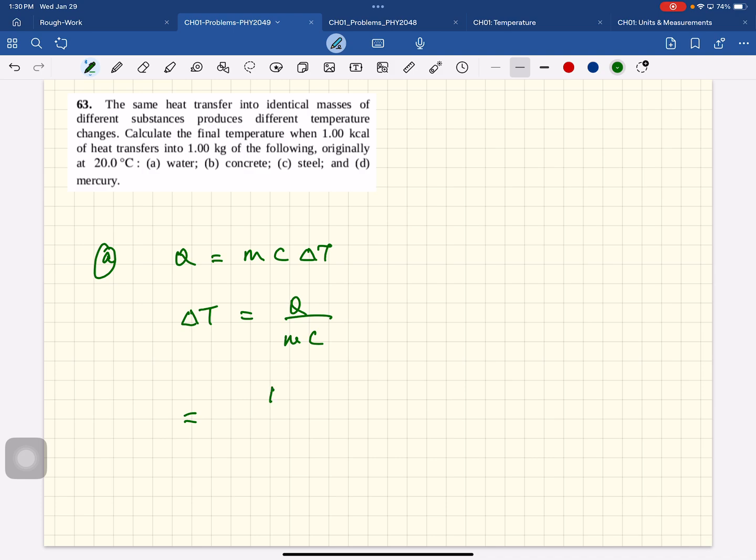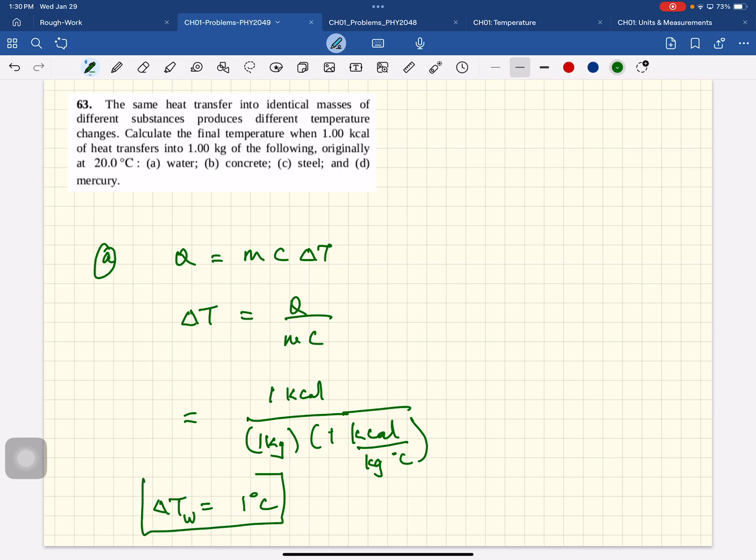So 1 kilocalorie of heat, mass is 1 kg, and specific heat for water is 1 kilocalorie per kg per degree Celsius. I know this number. So the kilocalorie cancels, the kg cancels, so the rise in temperature would be 1 degree Celsius.